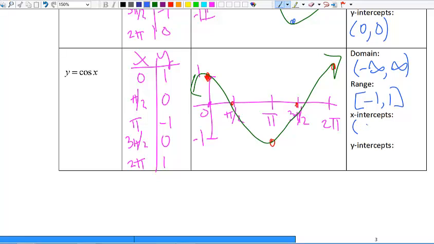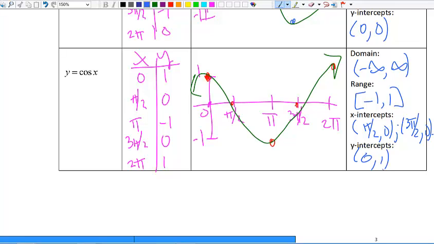It crosses at pi halves, and then it crosses at 3 pi halves, and so on: pi halves, 3 pi halves, 5 pi halves, it's going to cross the x-axis. And as far as the y-intercepts go, there's only one in this picture, 0, 1, unless we start doing transformations.